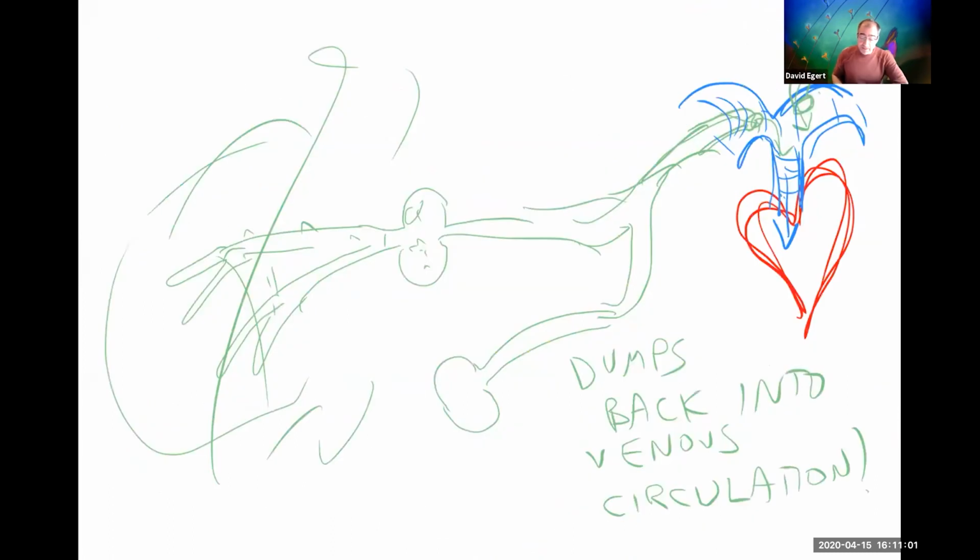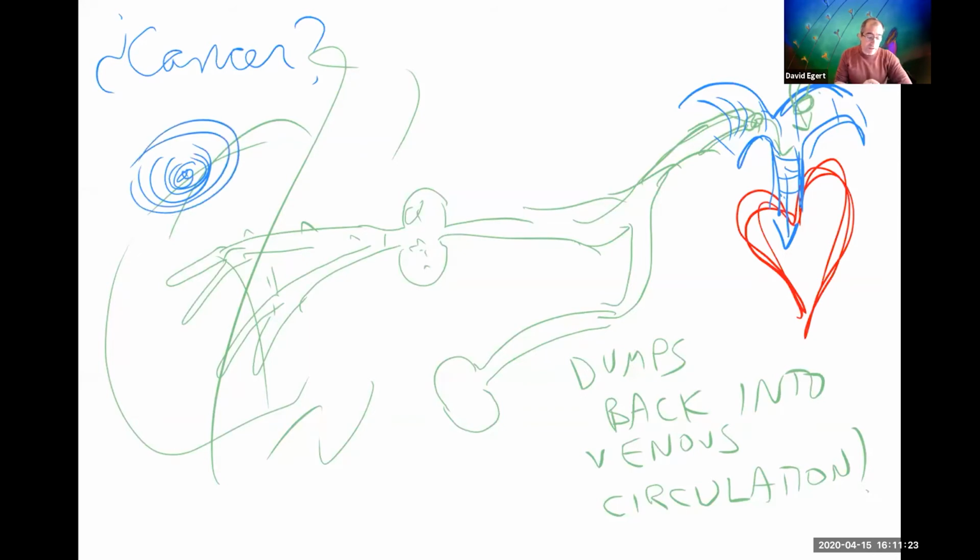So what is cancer? Cancer is when you have some cells that are dividing uncontrollably and creating these tumors. If they just stay in place, it's bad enough because they're starting to push on surrounding structures.